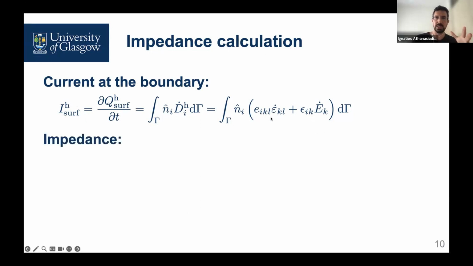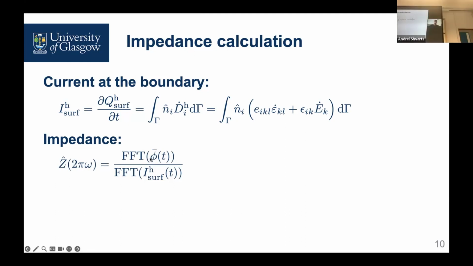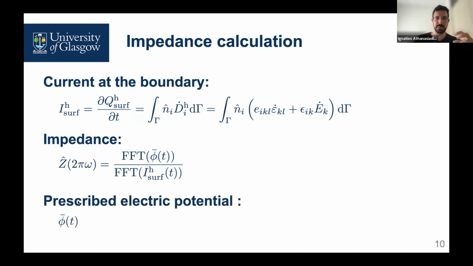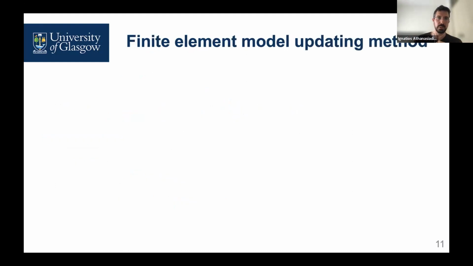And then, once we have evaluated the full time history of these changes, we evaluate the phase diagram of the impedance as the ratio of the Fourier transform of the potential time history over the Fourier transform of the current time history. And this is based on this prescribed potential in time that we set on that upper boundary.